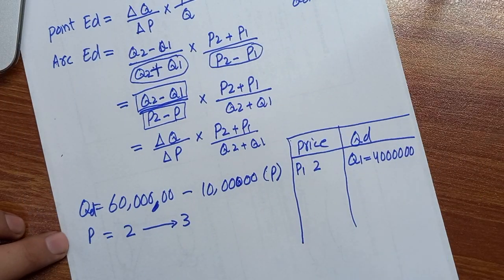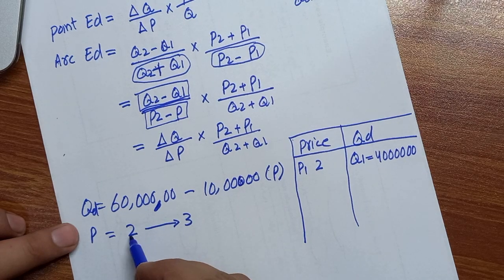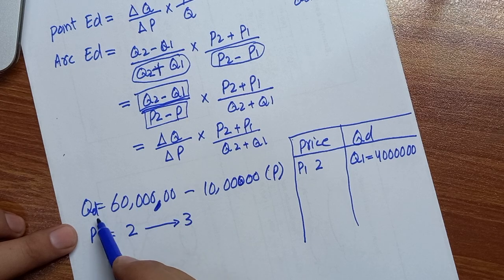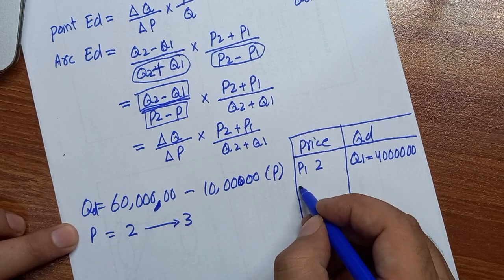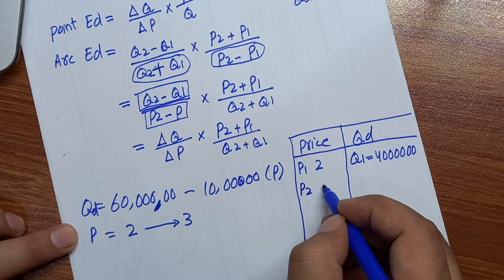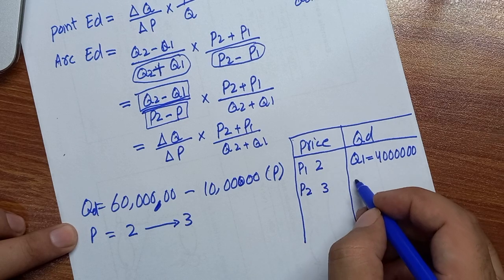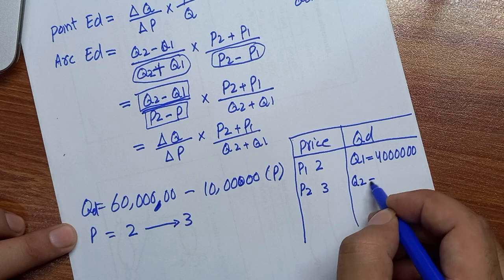Now when we change price from 2 to 3, what will be the quantity of demand? So when P2 is changed from 2 to 3, what will be Q2?